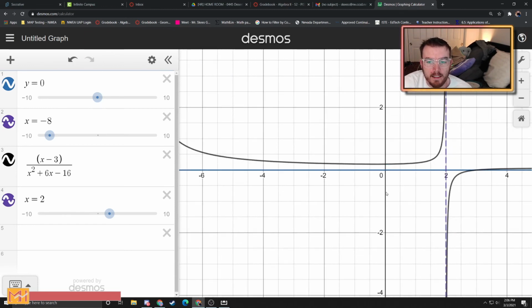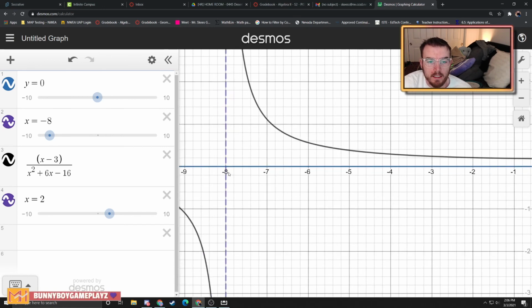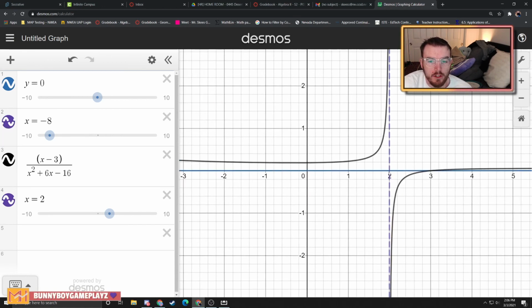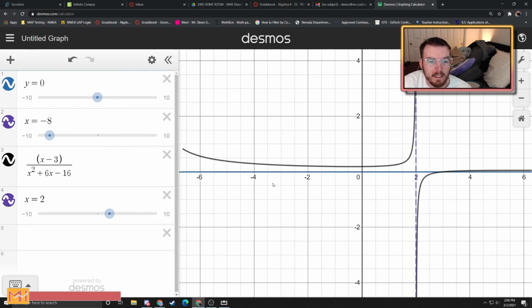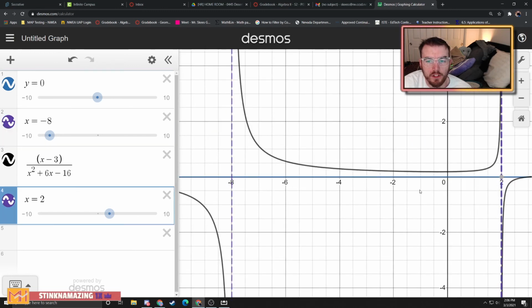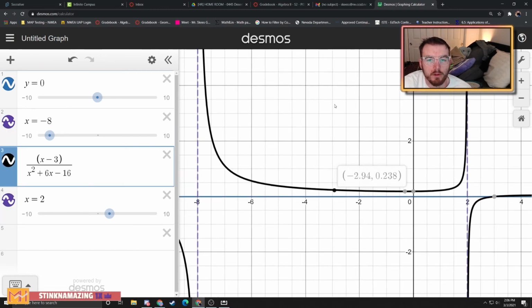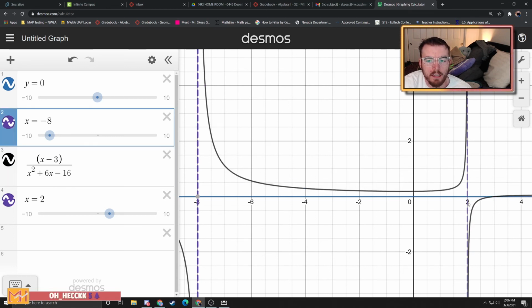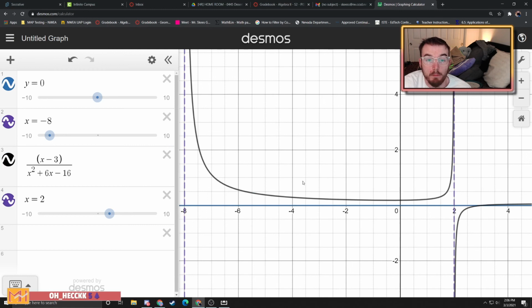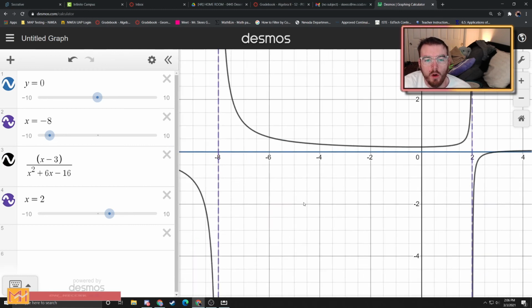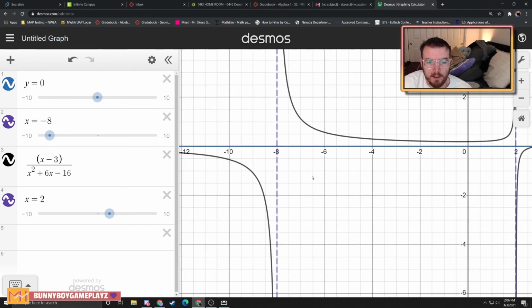When x is between negative 8 and 2, our graph is greater than 0. Between negative 8 and 2, our graph is above the blue line. When is the graph less than 0?